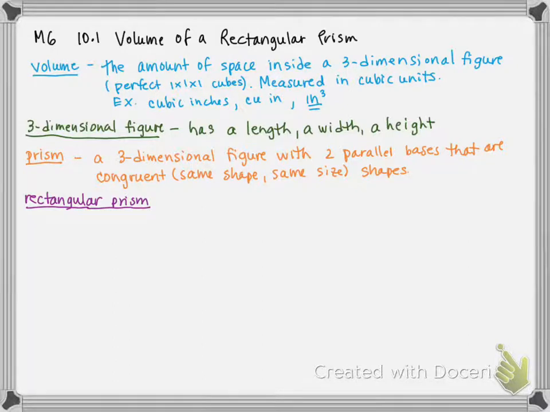So a rectangular prism is a prism with congruent rectangle bases. What's interesting is that in prisms, the bases can be different shapes, but the sides are all rectangles. That comes more into play when we talk about surface area, but we aren't this year.